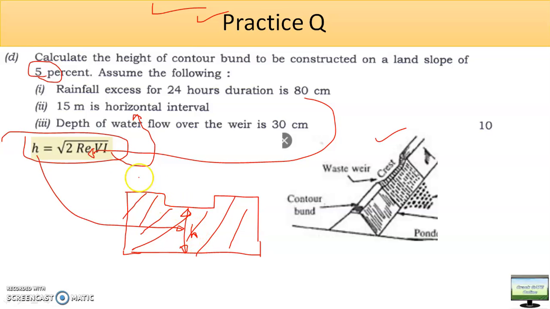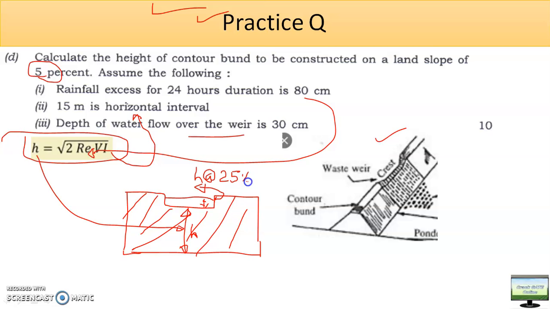And what is given in the question? The depth of water over the weir, this is the weir and the depth of water here is 30 centimeter. So h you are calculating, and 30 centimeter water is flowing above this, and you need some freeboard, meaning the height of the bund will not be equal to this height, so you need some extra spacing. This extra spacing is called the freeboard, and that freeboard is taken as 25% of the h, the impounding water side.